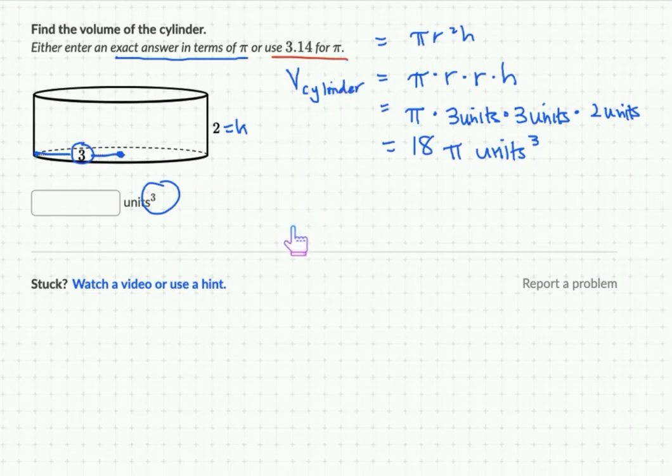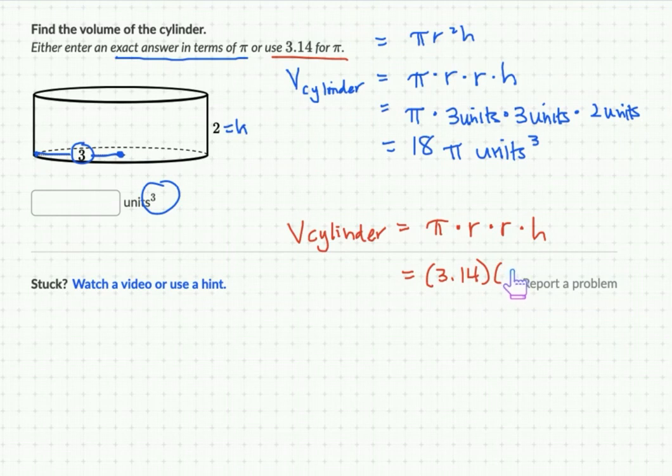Now we're going to use 3.14 for pi. We're going to use the same formula because the formula is never going to change for a cylinder. Pi times r times h. The only thing that we're changing is we're using 3.14 for pi. And I'm going to use parentheses instead of the dot for multiplication.